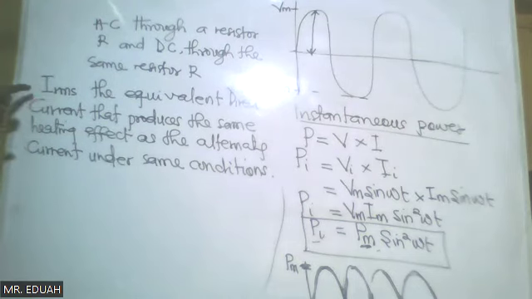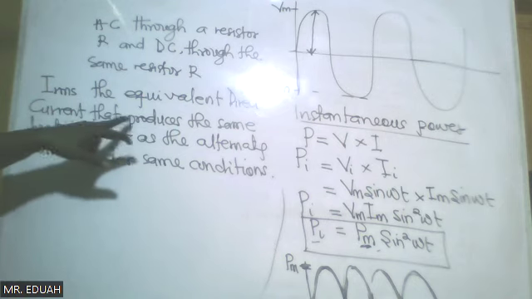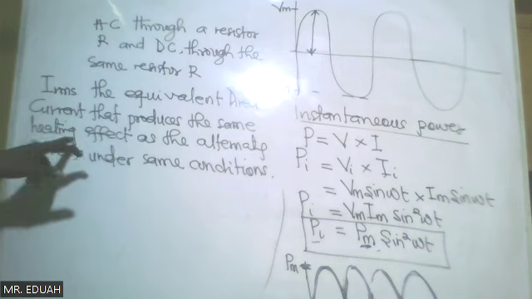So root mean square current is that equivalent direct current that produces the same heating effect.